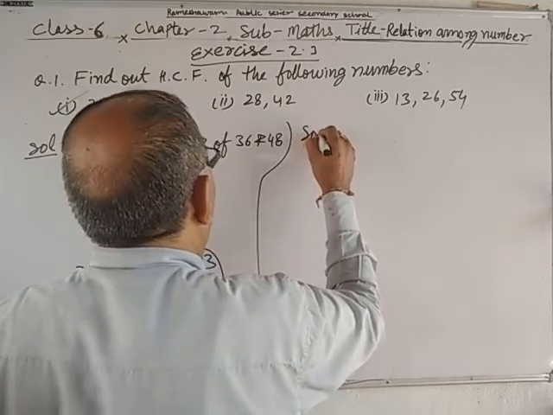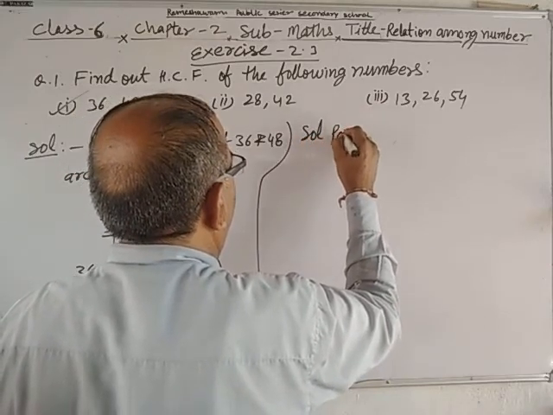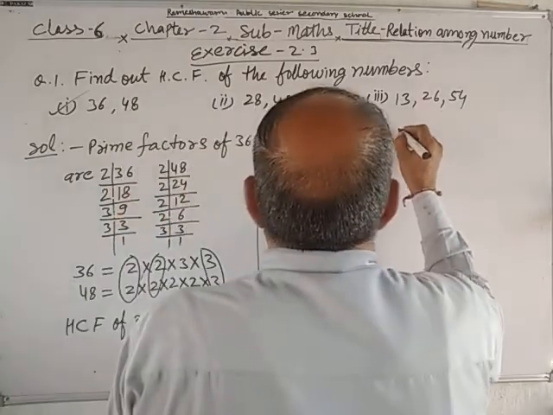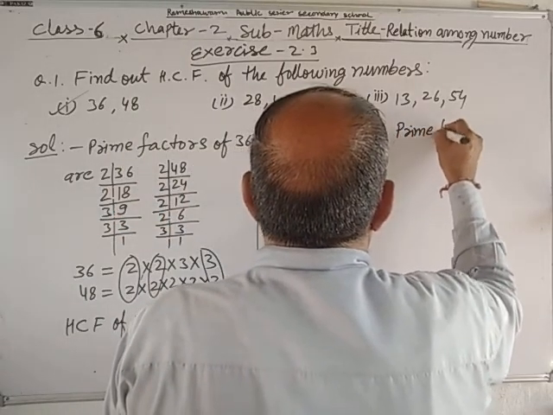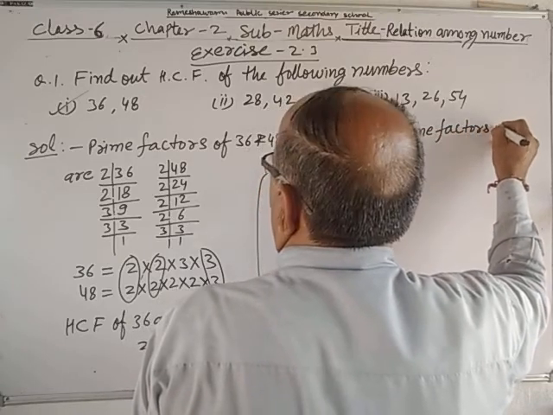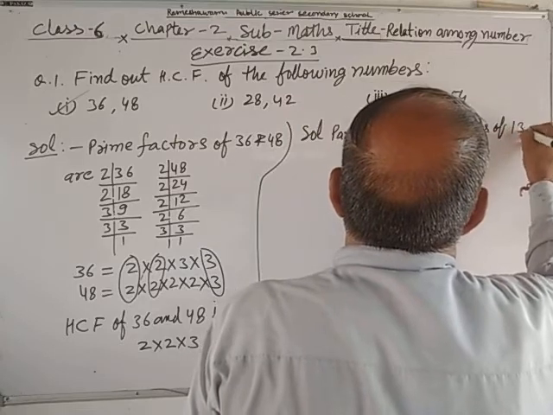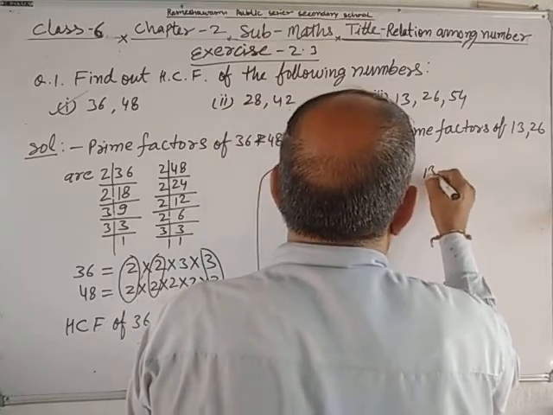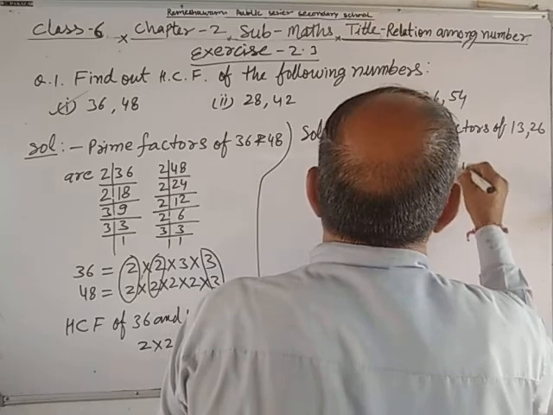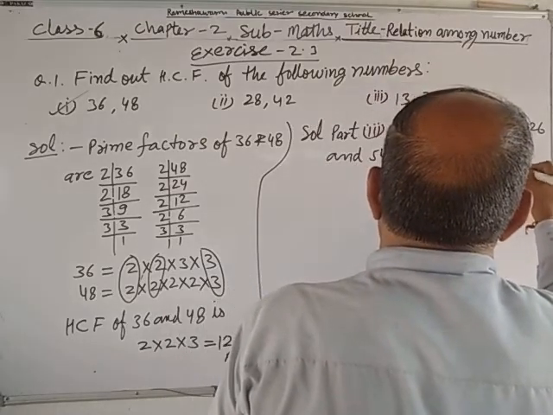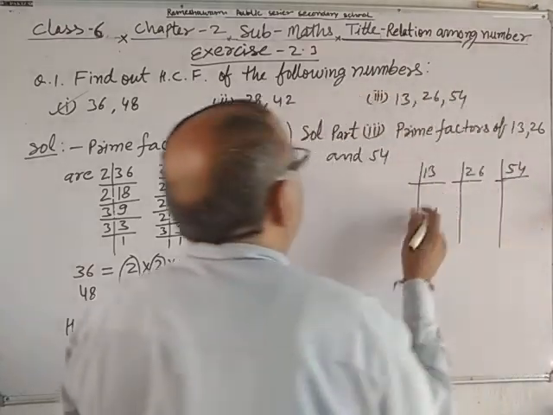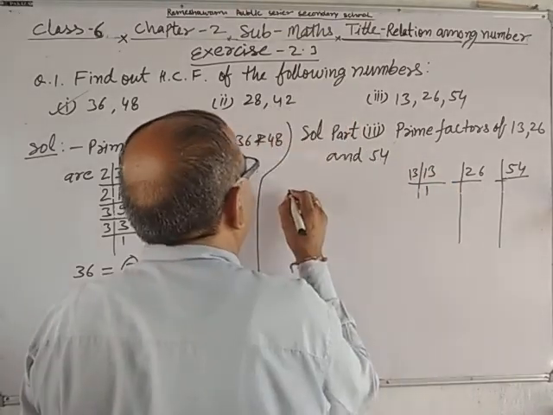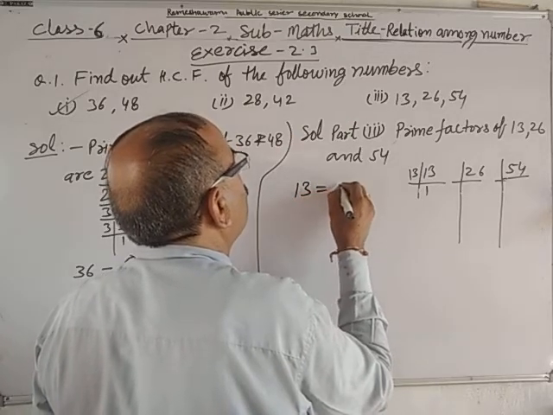The solution of the third part. Prime factors of 13, 26 and 54. 13 is a prime number, so the prime factor of 13 is 13.